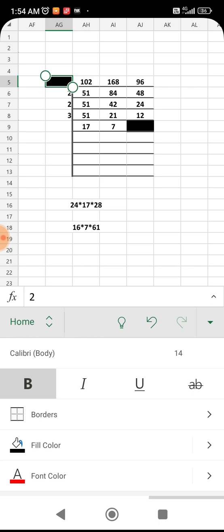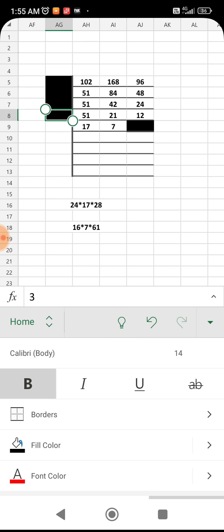So I am covering this. Due to these two, 48 changed to 24. So I have to cover this. For this 7, for this 3, it is changed. So multiplication of these is equal to 96.